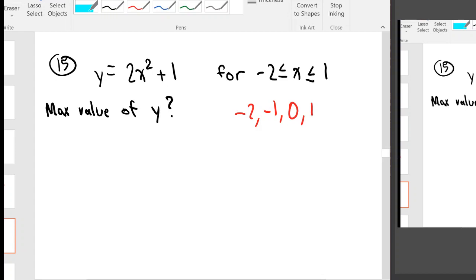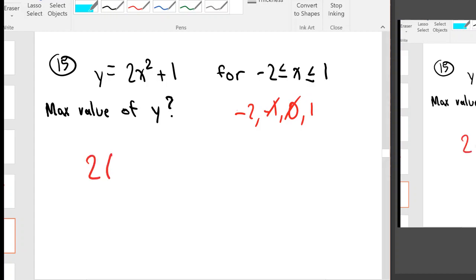But just in case you don't see it, you can start plugging in numbers, these 4 numbers, to help you decide. But I wouldn't plug in all of them. You know it either has to be 1 or negative 2, because they're on opposite ends of the spectrum here. In my mind it's pretty obvious that it's negative 2, but let's just plug it in.